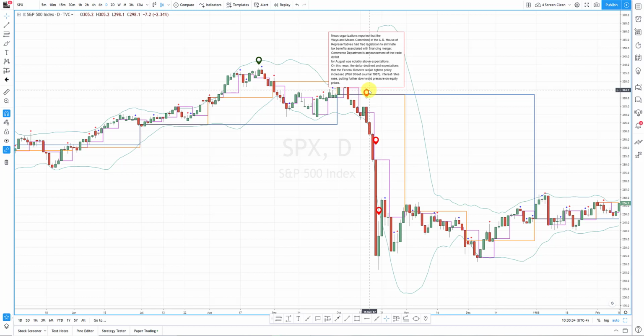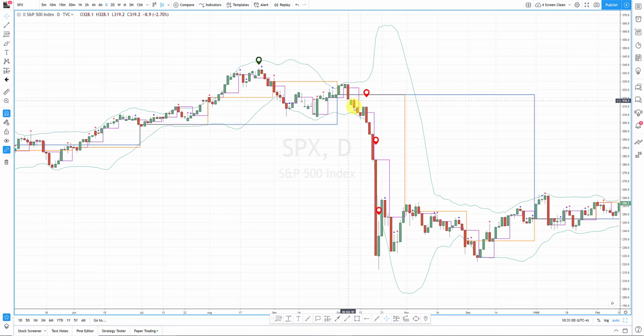At the same time, the Commerce Department announced the trade deficit was way above expectations. So the Fed was talking about potentially starting to tighten. Interest rates begin to rise, and it puts additional pressure on equities. No one likes to hear rising interest rates, especially when price is starting to sell off.